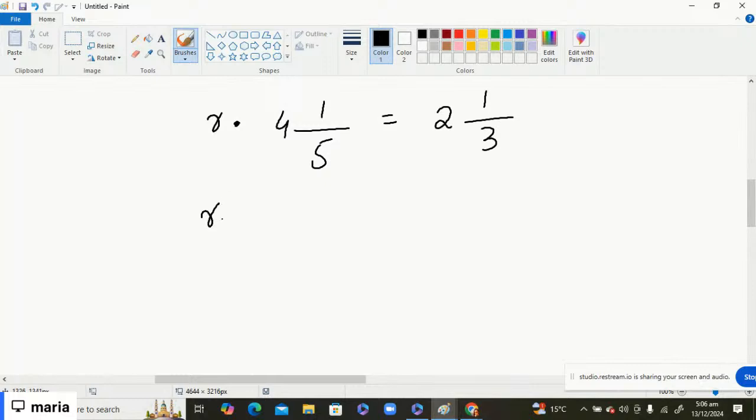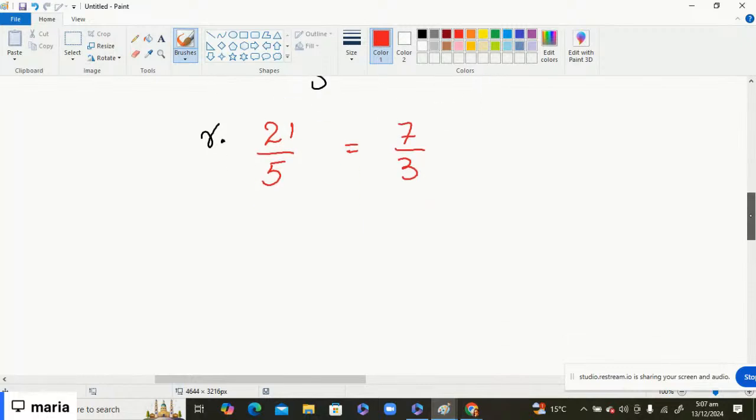I'm going to put r as it is. First of all, solve this firstly. So 4 times 5 is 20 plus 1 is 21 over 5. 2 times 3 is 6 plus 1 is 7 by 3. Now here it's a multiplication with r, but when you move it, it becomes a division.